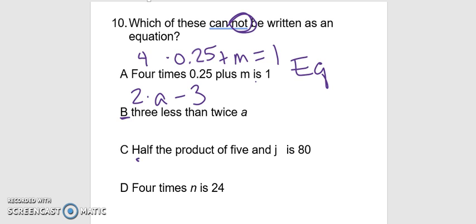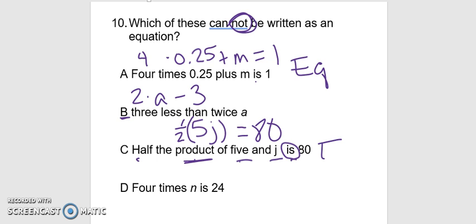Letter C is half the product of 5 and j. So 1/2 the product. Product means multiply. So I'm going to multiply 5j times 1/2 is, that says equals, 80.